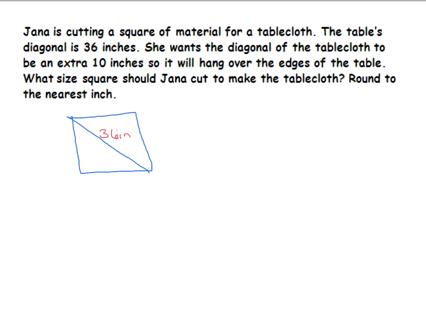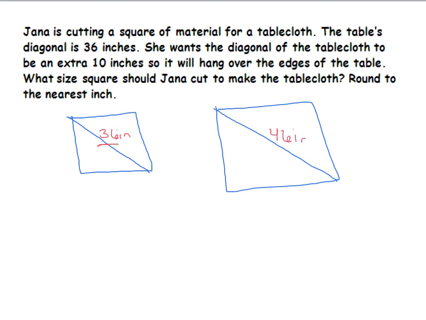So she wants it to be 46 inches. What size square should she make the tablecloth? The table's 36. She wants it to hang 10 inches over. So technically, she wants a square here with a diagonal of 46 inches.